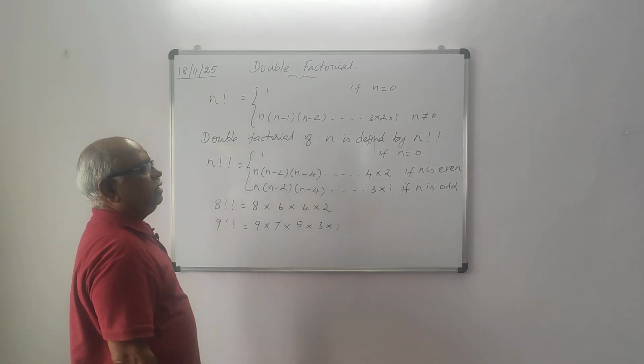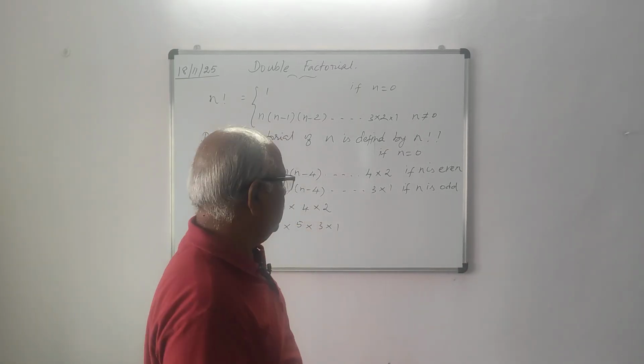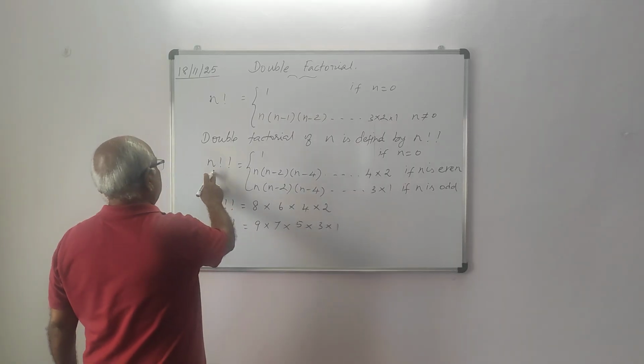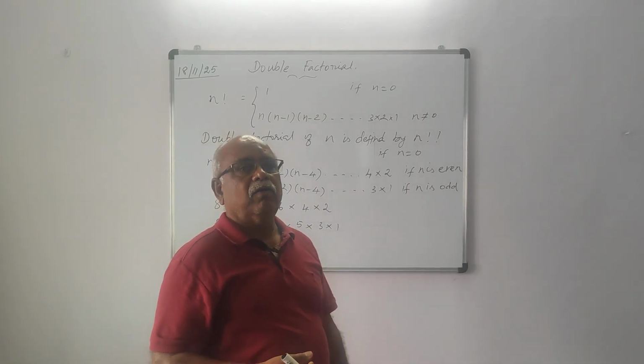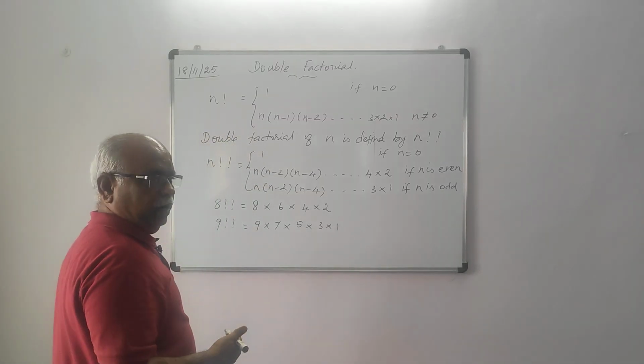Like that, a double factorial of the natural number n is defined for even cases and odd cases separately.